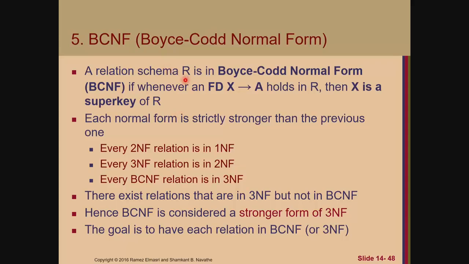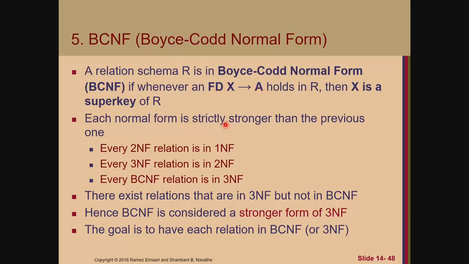A relation schema R is in Boyce-Codd normal form if, whenever a functional dependency X determines A holds in R, then X is a superkey of R. X is a superkey. A superkey determines A.